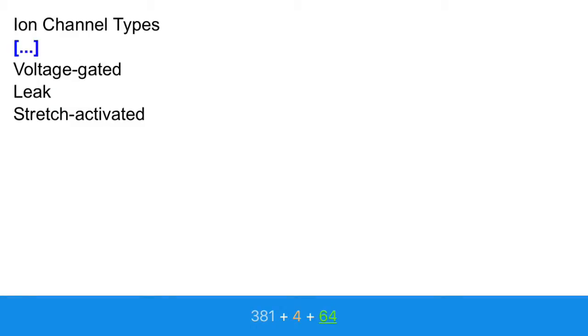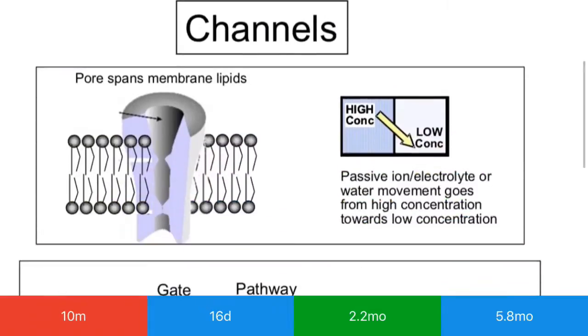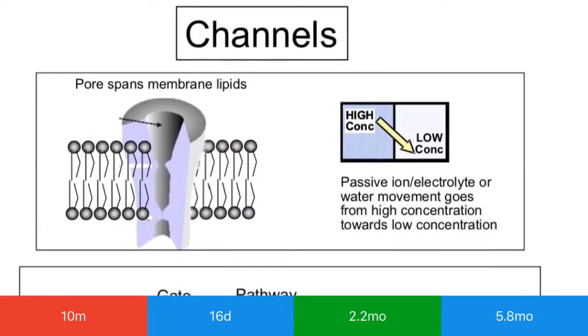Ion channel types. Voltage gated, structure activated. What's the other one here? Ligand gated.